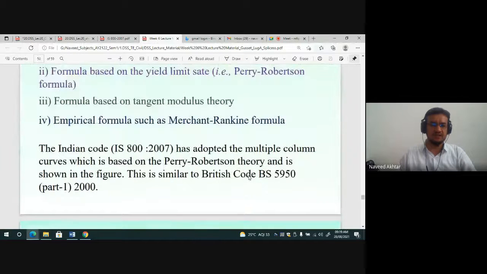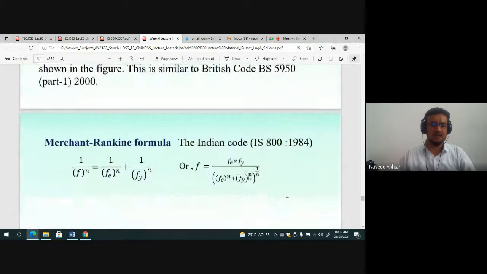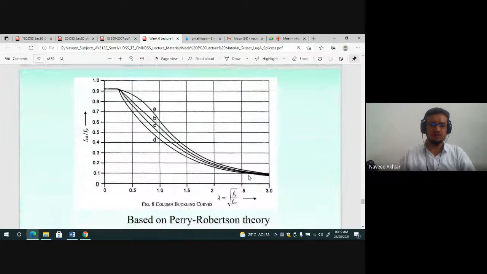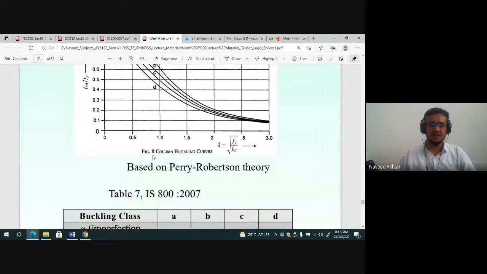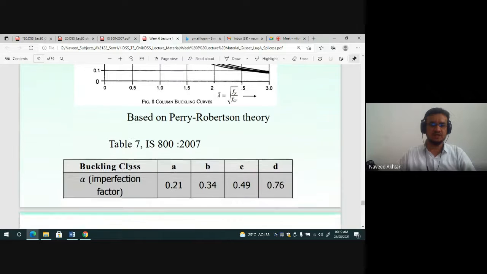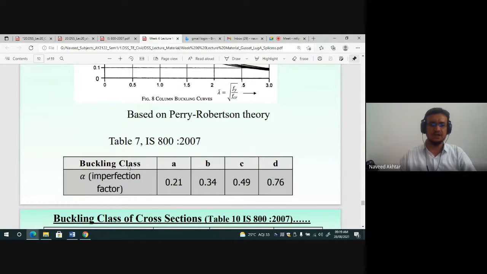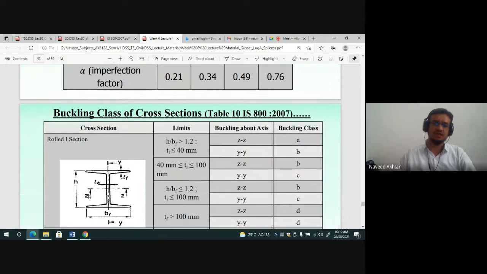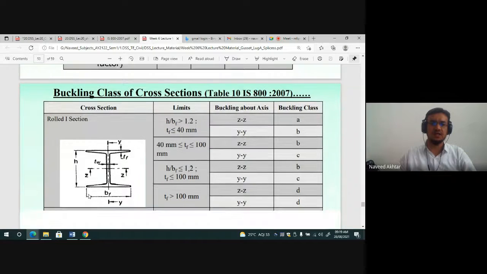There are different theories by Rankine, by Euler, but in IS 800 2007, the Perry Robertson theory is considered for the buckling classification of section. The section is classified based on the imperfection factor: alpha equal to 0.21, alpha equal to 0.34, alpha equal to 0.49, alpha equal to 0.76. Based on these values, the A, B, C, D class is given.